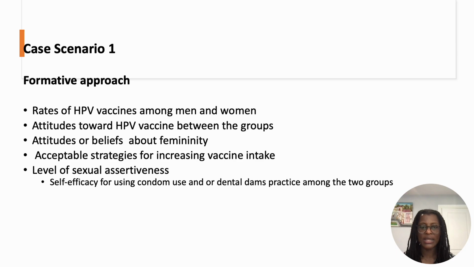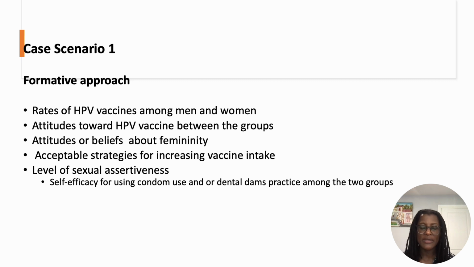So understanding, is it lack of assertiveness for women who may not want to take the vaccine, and other protective factors, not as protective as the vaccine, but protective sexual behaviors, using condoms and other protective behaviors, can also reduce certain risk for HPV.